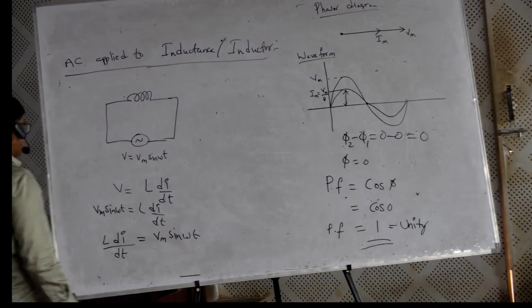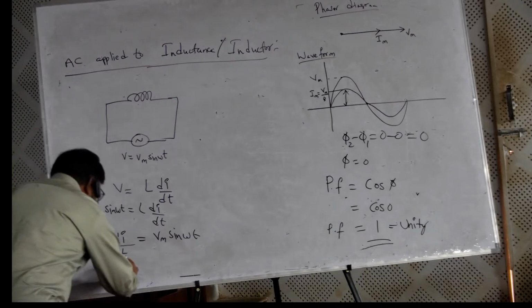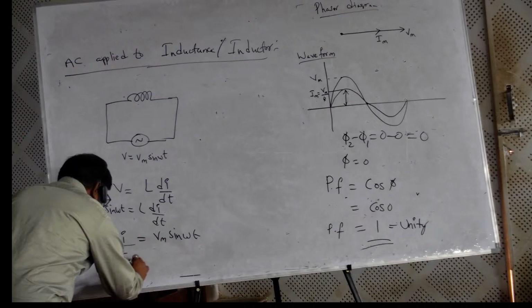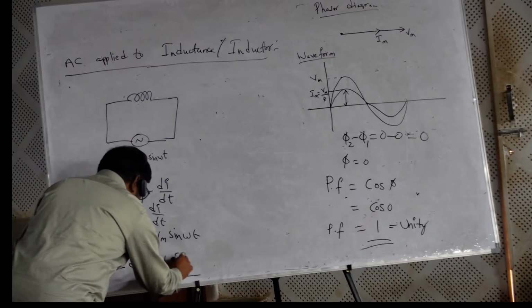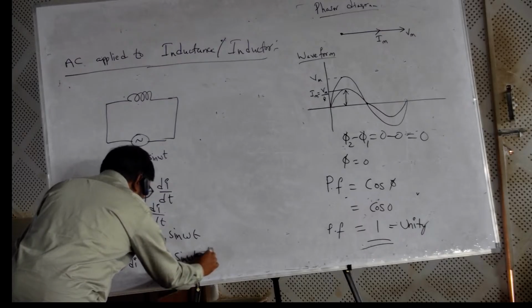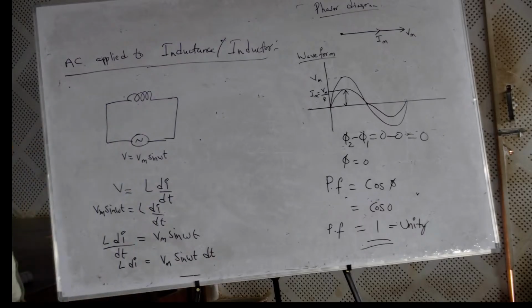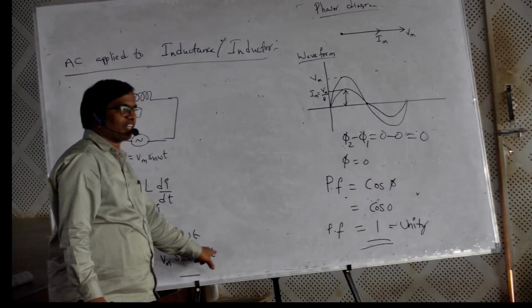L di by dt is equal to Vm sin omega t. Now L di is equal to Vm sin omega t dt, only with respect to time, not omega t, with respect to time.